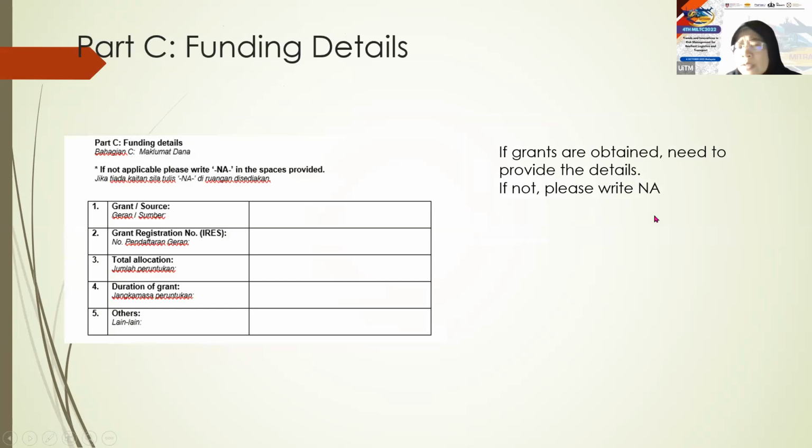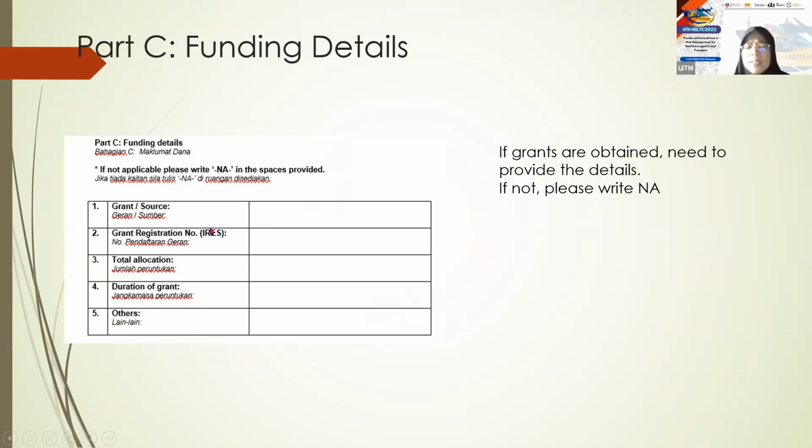Just now, there is a section that asks you whether you will get some funding for your research or not. If yes, then you have to put in the information: what the grant is about, the source, the registration number, the amount of money allocated for the research, the duration, and others.